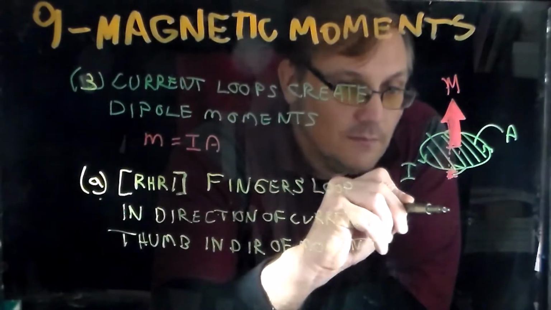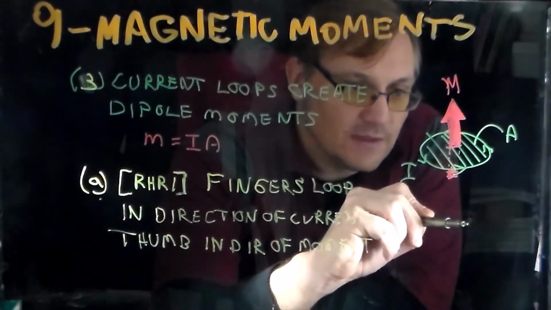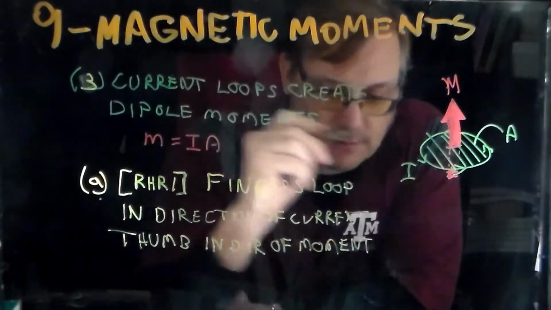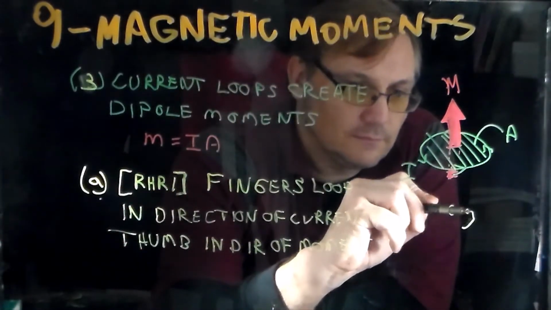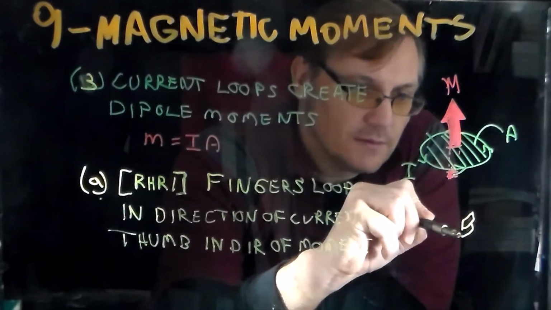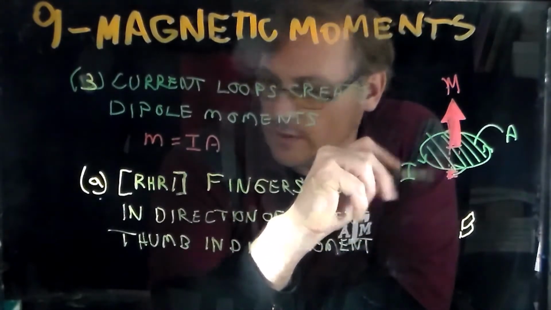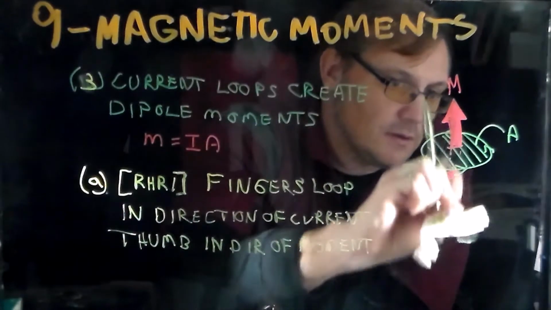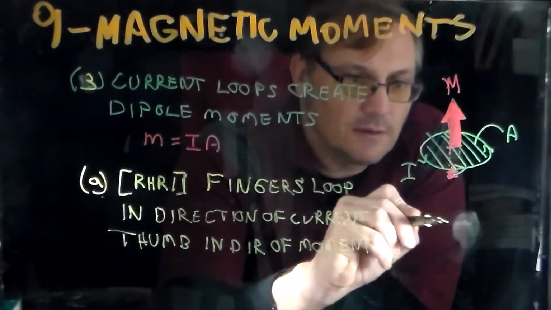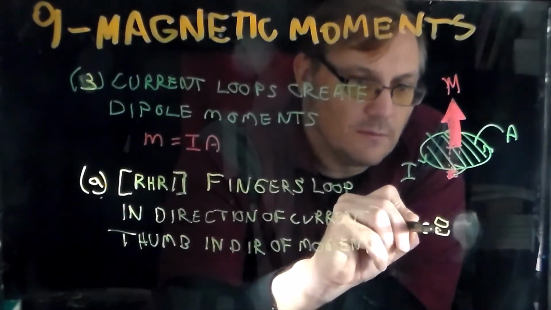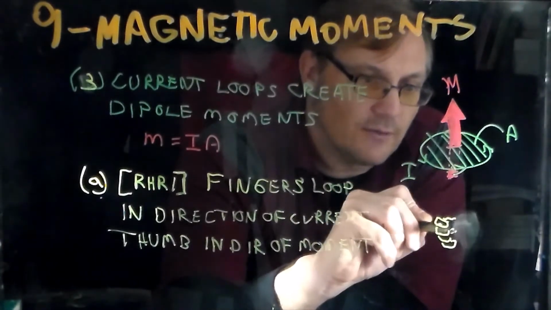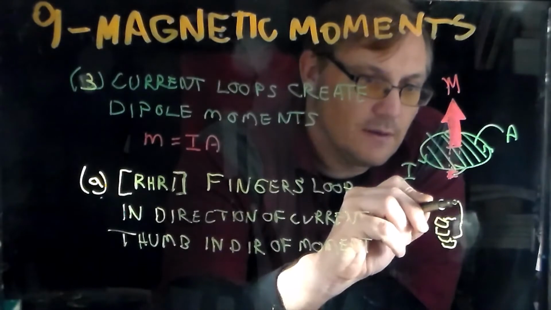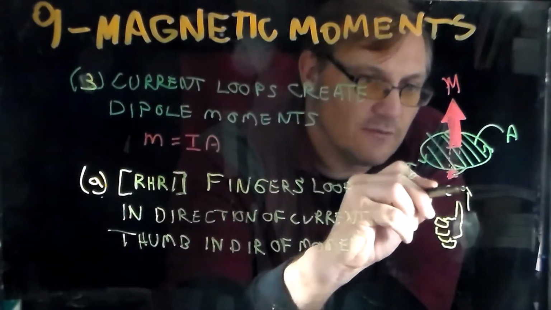So let's see, how do we make that work? So you're curling these around. Did it backwards again. Maybe I didn't do it backwards, and that's the problem. So you curl your hand around that way, then your thumb is in the direction of the magnetic moment.